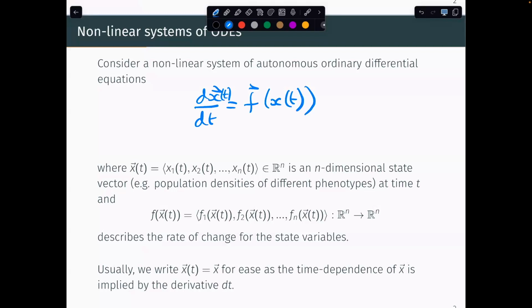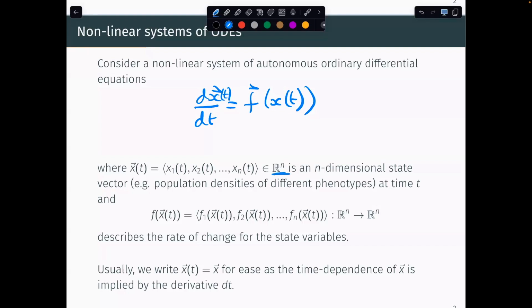By state vector, you can think of this as being your different population sizes. So this could be hosts that are not infected, but are infected after 1 day, 2 days, how many days. It could be number of prey, number of predators. It could be number of juveniles, number of adults, number of males, females, and so on. Some kind of state vector describing the state of your population at time t. And this is in R^n.